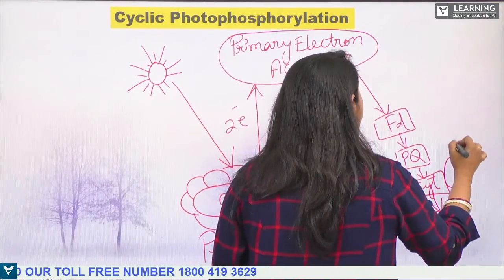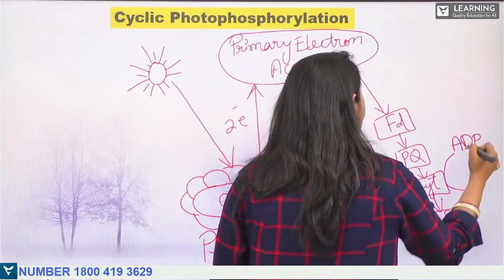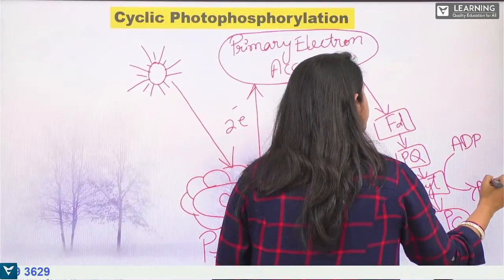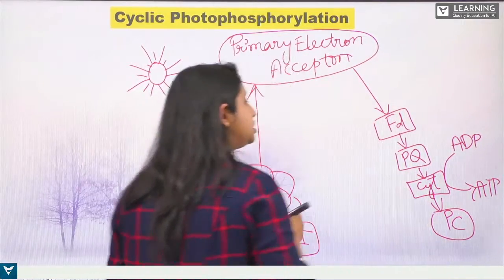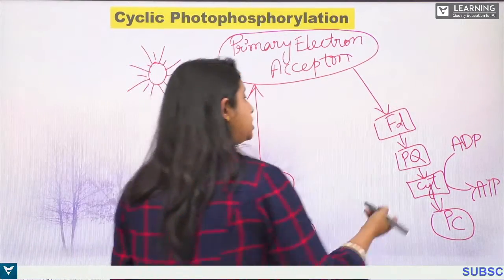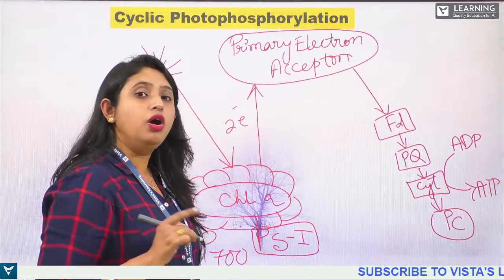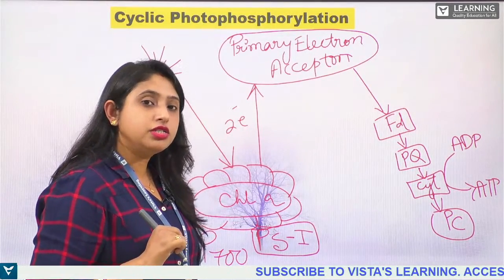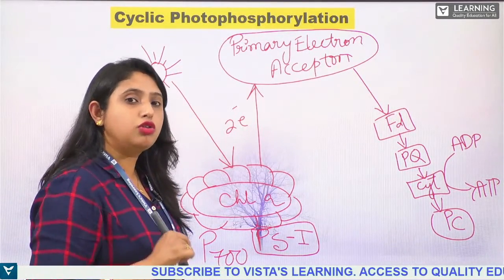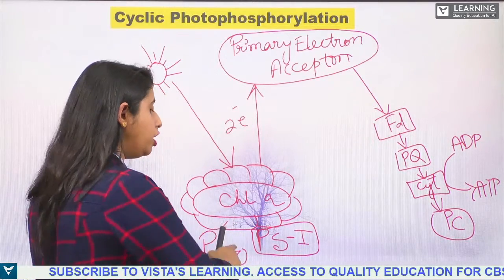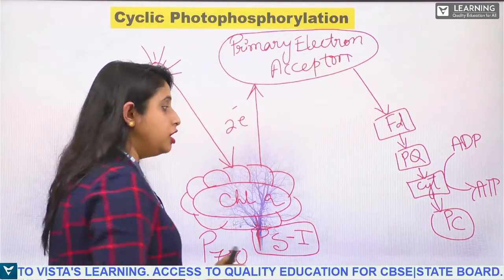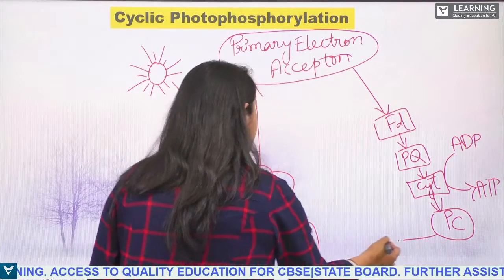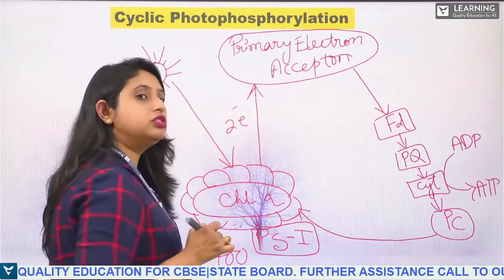One ATP molecule is being formed from ADP, right? But there is no evolution of oxygen. Oxygen is not evolved, and photolysis is also not taking place, isn't it? Only one photosystem is involved here, right? So the electrons will again come back to photosystem 1.